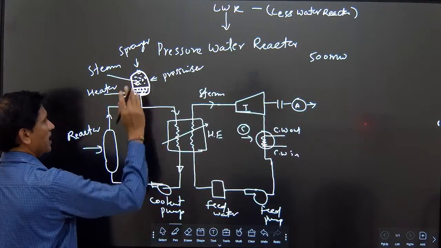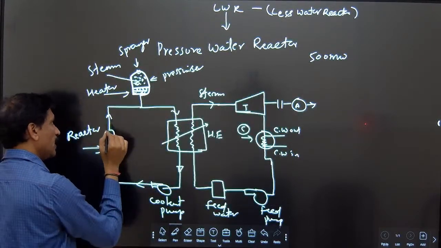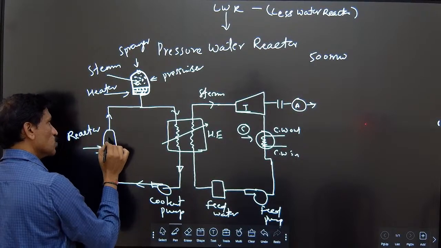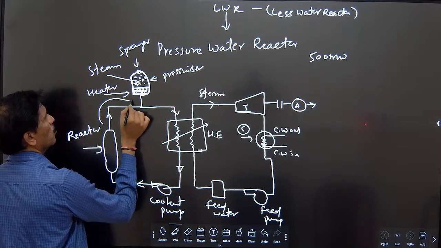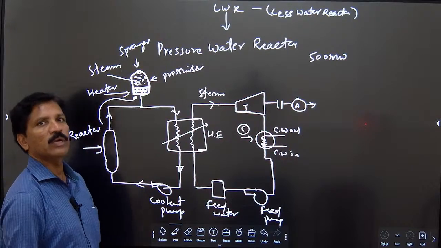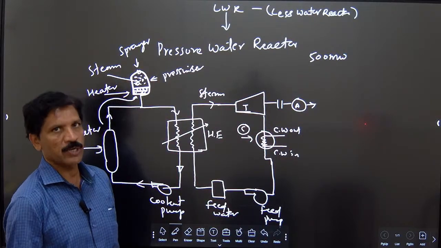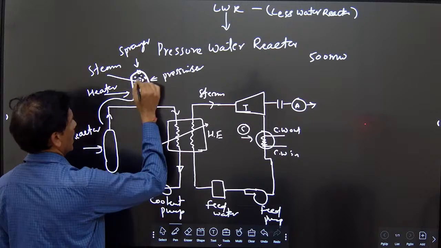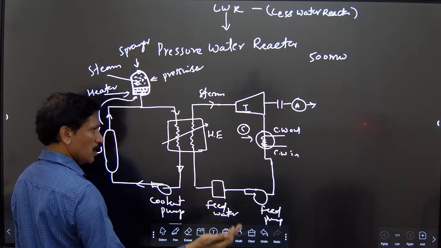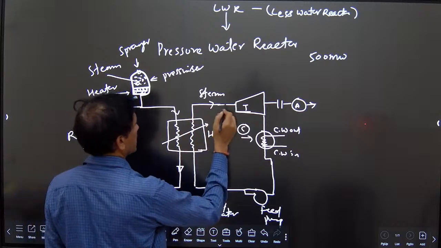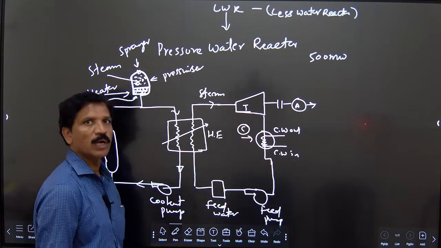The heater generates heat. From the reactor it moves here, where the water is heated at high pressure and high temperature, enters the heat exchanger, and that steam is sent to the turbine.